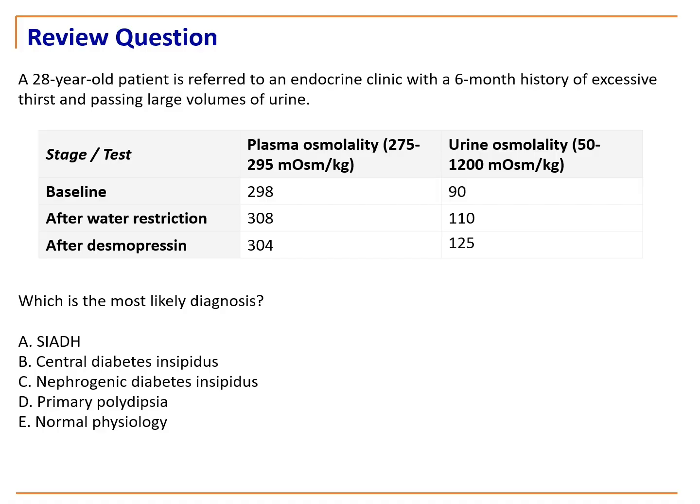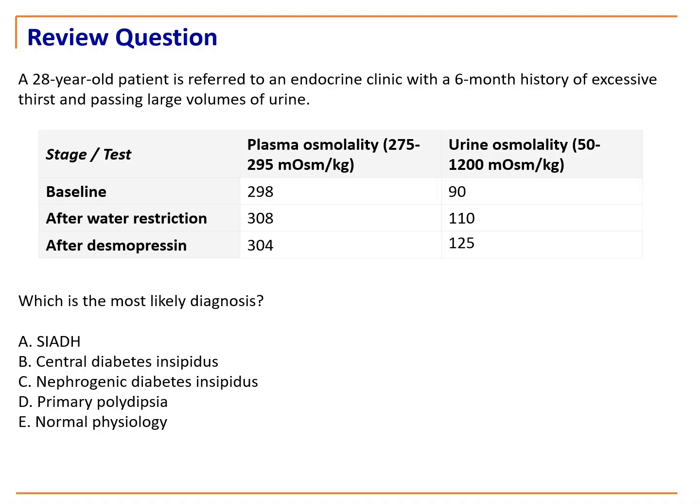So what we can see there is the baseline plasma osmolarity is slightly elevated, but that's despite unrestricted access to water. So this suggests the patient is just about compensating for ongoing free water losses, which you can see through the large volumes of urine being passed, but also the very dilute urine osmolarity. So it's very dilute, near the bottom end of that 50 to 1200 milliosmoles per kilogram, what the kidneys can generate.